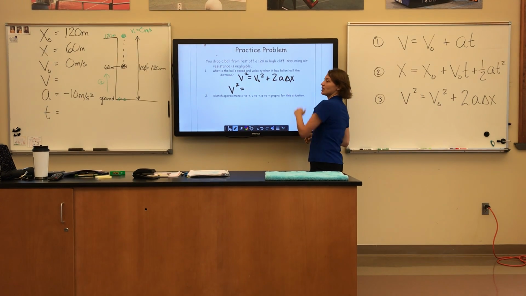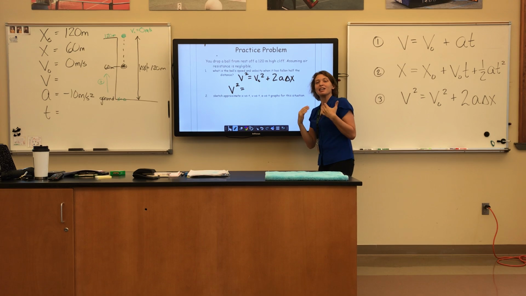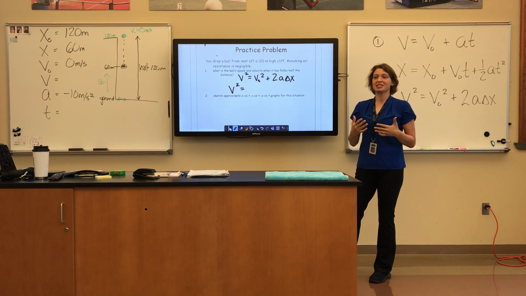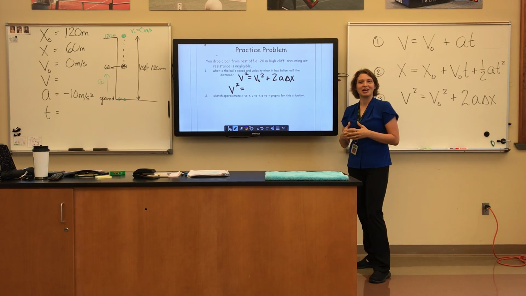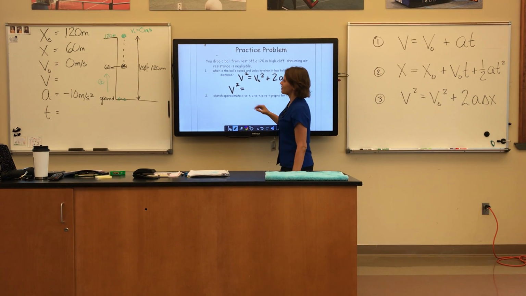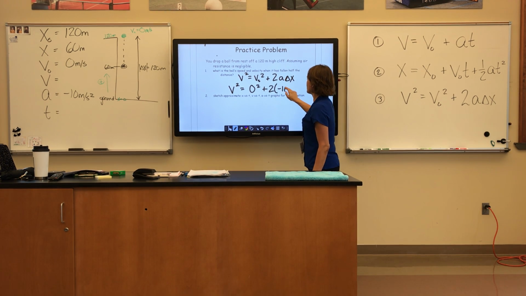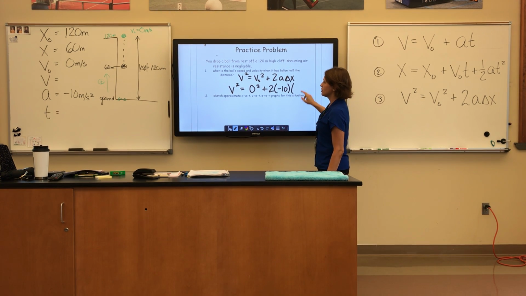I have 2 negative signs in here. If you miss one of them, you're going to be in trouble. If you make a mistake and miss both of them, you're going to get the right answer by accident. That happens sometimes, but I would probably not consider that a right answer. You shouldn't either. 0 squared plus 2 times negative 10 times negative 60.